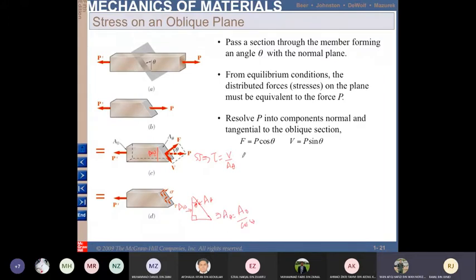So we change V with P sin theta over A theta, equal to A original over cos theta, equal to P over A original sin theta cos theta. Faham tak? Faham.